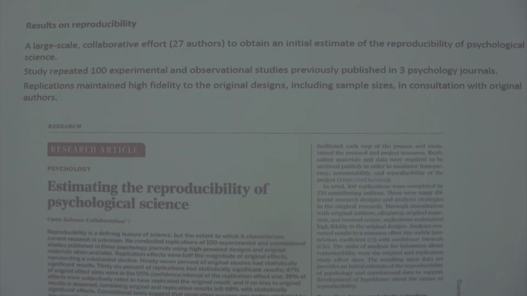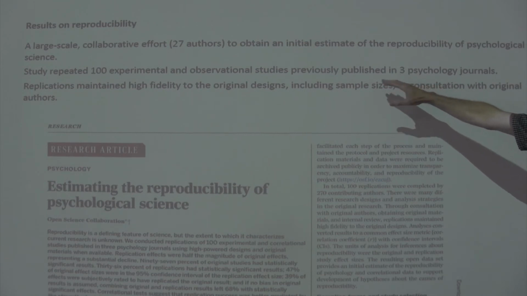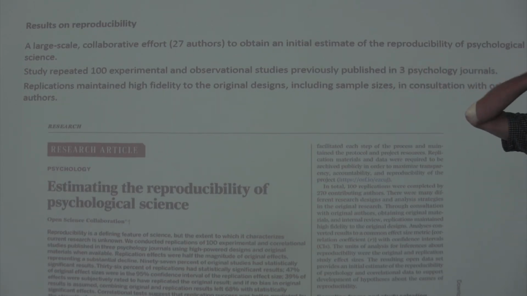There's a paper with 27 authors, and they're all in psychology. The advantage of psychology is the same humans. Everyone's working on the same species, so you can repeat the experiment again. They repeated 100 experimental and observational studies that they found in the literature. They consulted with the original authors and tried to reproduce the same designs and the same sample sizes, just to ask the question, what do we get?